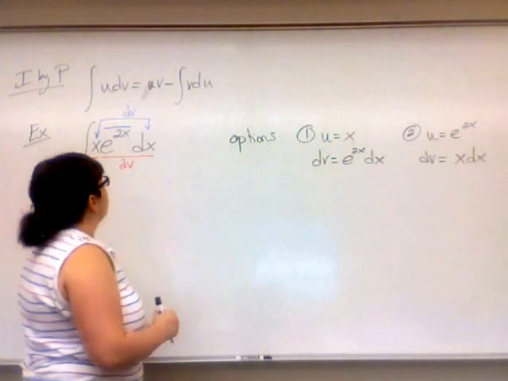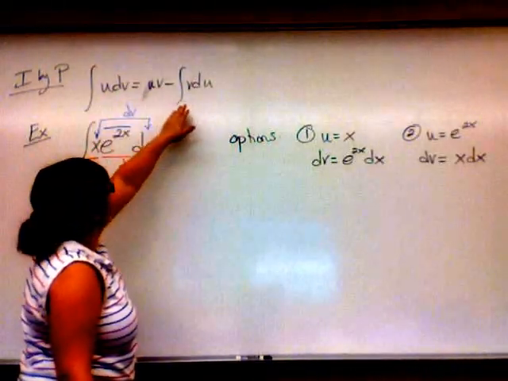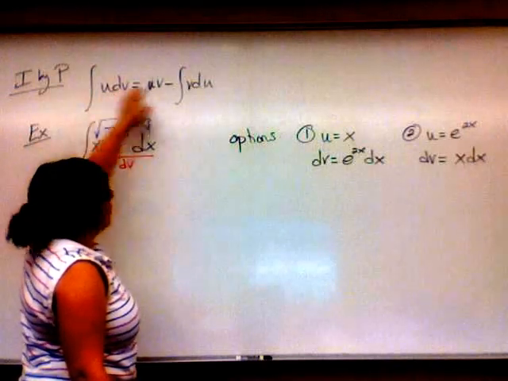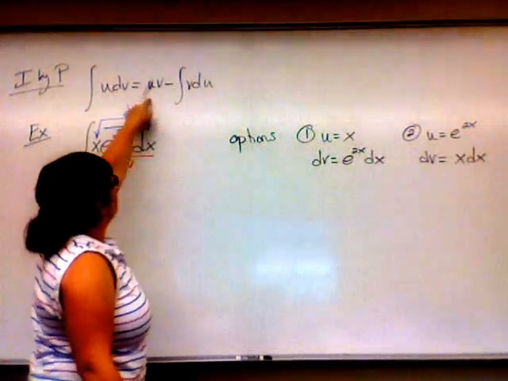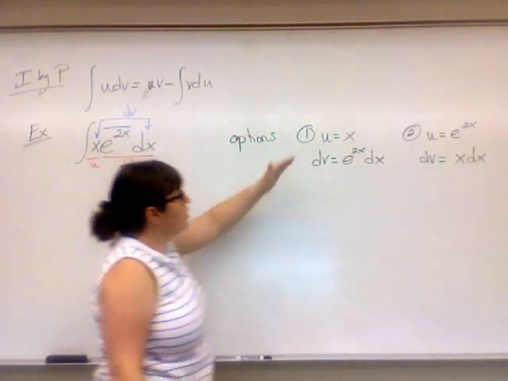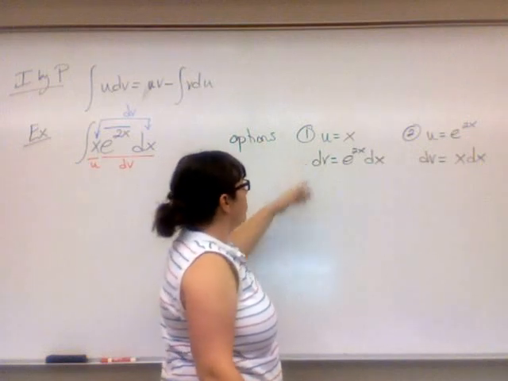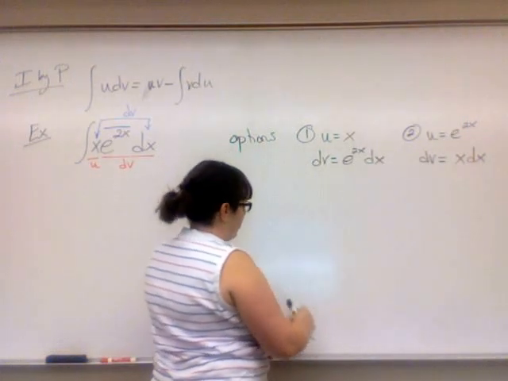To do that, we need all four of the pieces, because in this expression, I need to know u, dv, v, and du in order to write the entire thing. I currently only have, for either of the two options, u and dv. So let's get the rest of the parts for each option.